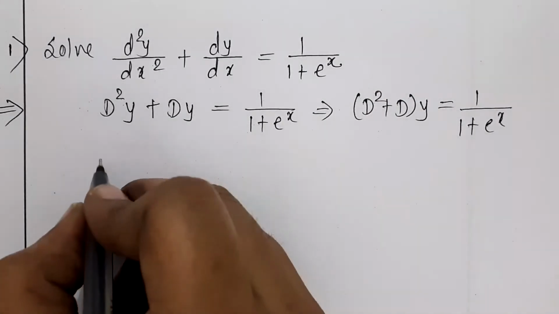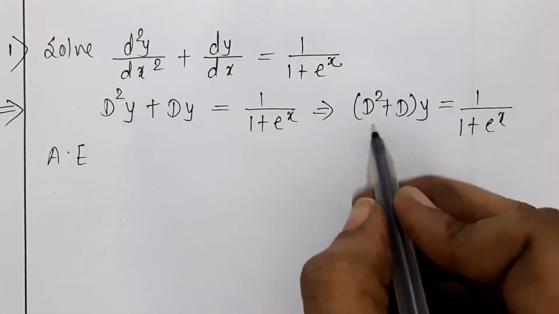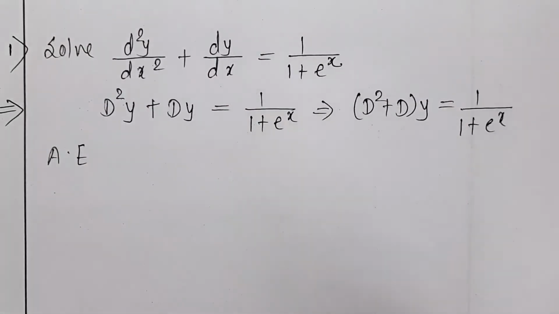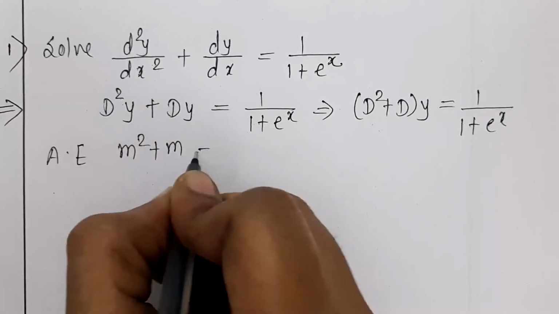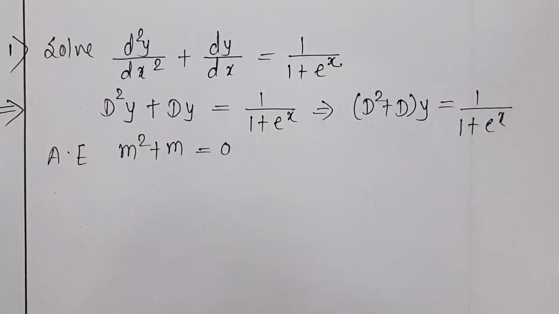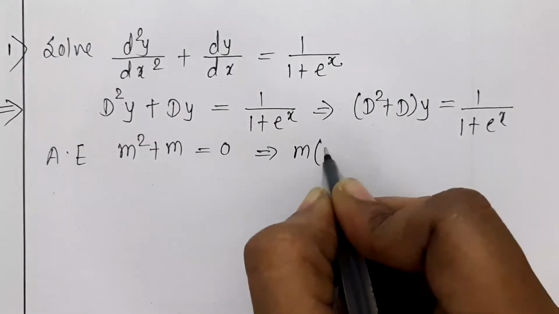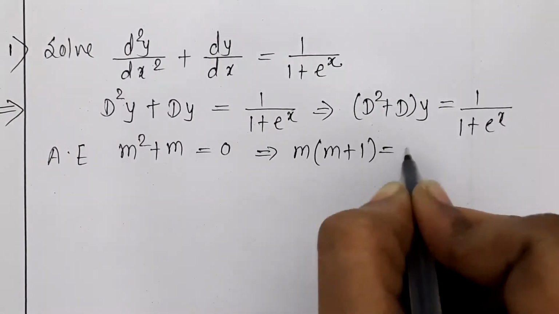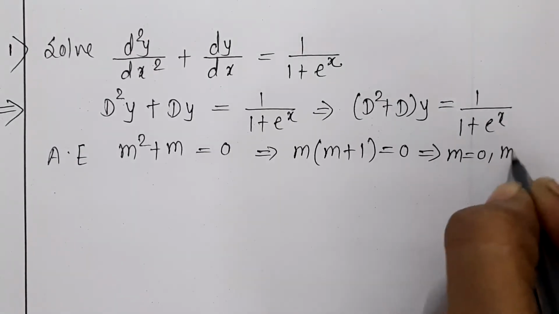Now what is the auxiliary equation? The auxiliary equation we can write in D also, or you can write in m. So m square plus m is equal to 0. CF methods are the same. So m square plus m is equal to 0 means we can take m outside: m into m plus 1 is equal to 0. So m is equal to 0 and m is equal to minus 1.